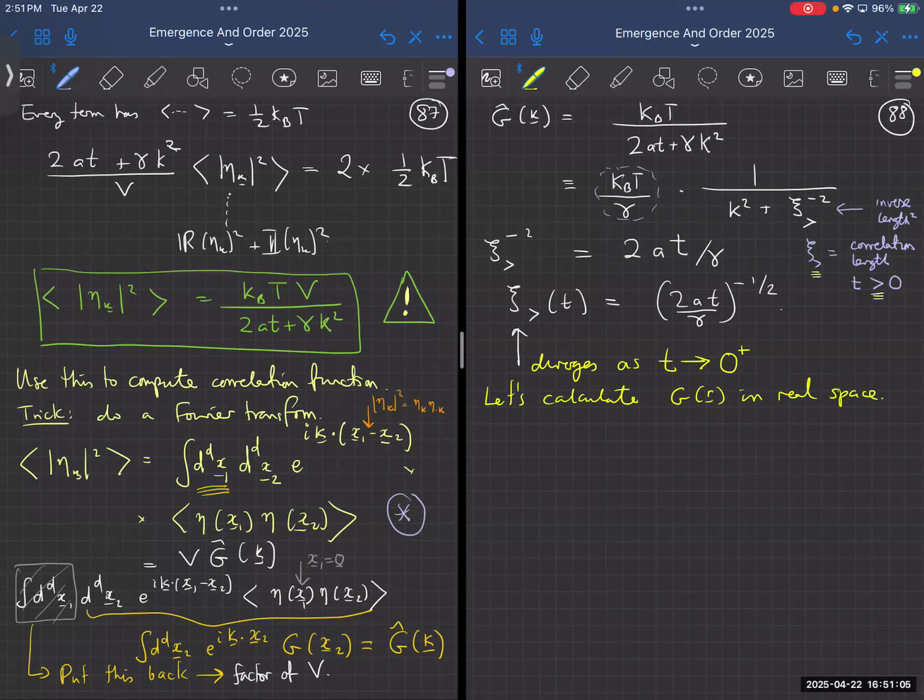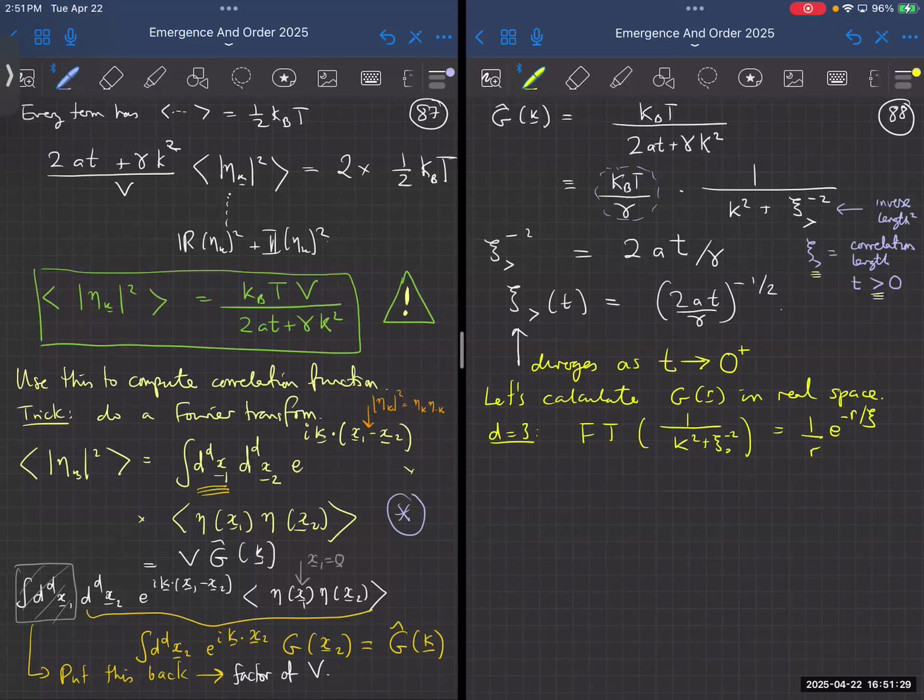So I'm going to do it in 3 dimensions. Now what we have to do is compute the Fourier transform of 1 over k squared plus psi to the minus 2. And this is just equal to the Yukawa function, 1 over r e to the minus r over psi.